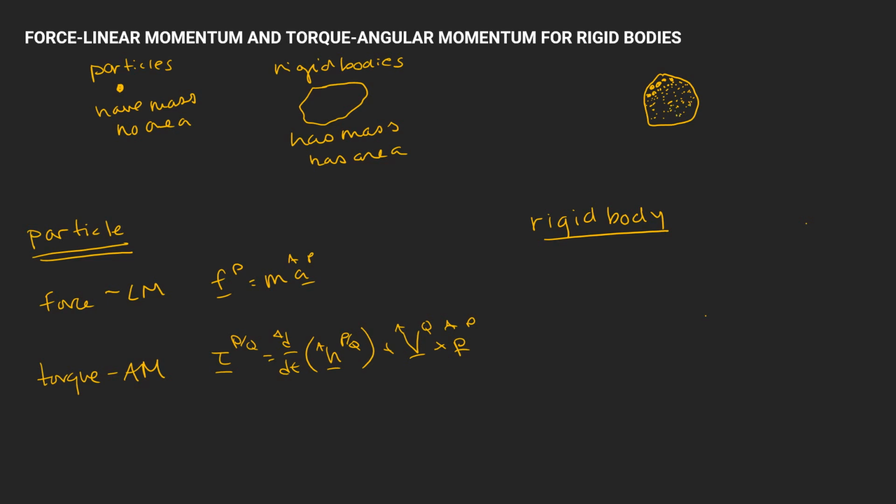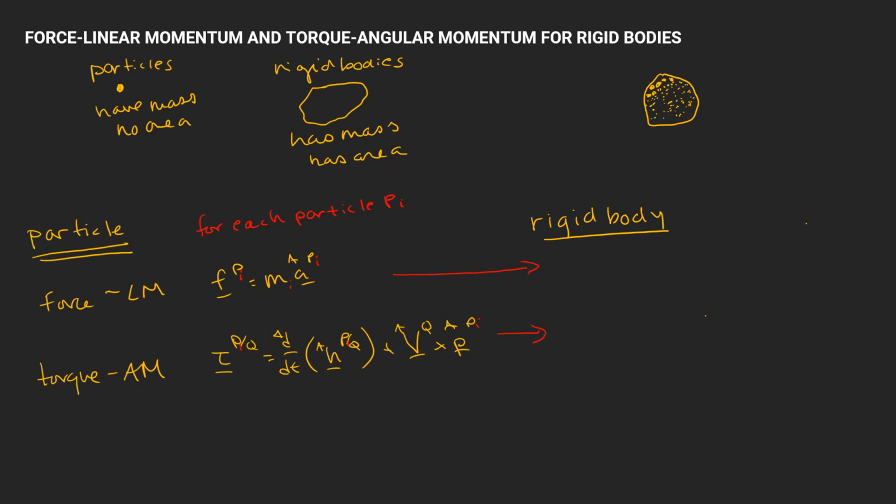And so what that means is that now, instead of just writing these two equations for one particle, and we've kind of implicitly done that, if you have more than one particle, you can say that for each particle Pi, and then you can put a subscript I, this is mass I, and so on. And then you can sum up these equations for all of the particles in your rigid body, and then ultimately what you get is the following.